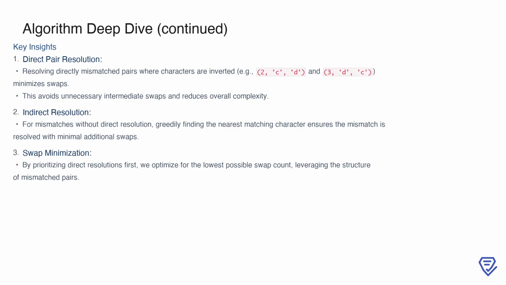Second, for mismatches without direct resolution, the algorithm adopts a greedy approach, finding the nearest matching character to resolve the mismatch with minimal additional swaps. This strategy ensures that the swaps are performed efficiently. Finally, prioritizing direct resolutions before tackling indirect ones allows the algorithm to optimize for the lowest possible swap count, leveraging the natural structure of the mismatched pairs to achieve the goal in the most efficient manner.